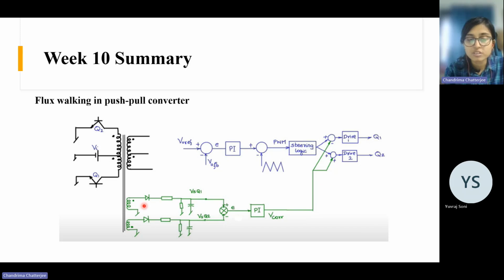So when Q1 is on, this diode is forward biased and it will conduct, and when Q2 is on, then this diode will conduct. So here we will get the voltages corresponding to when Q1 is on and when Q2 is on. And here we can find out the error.